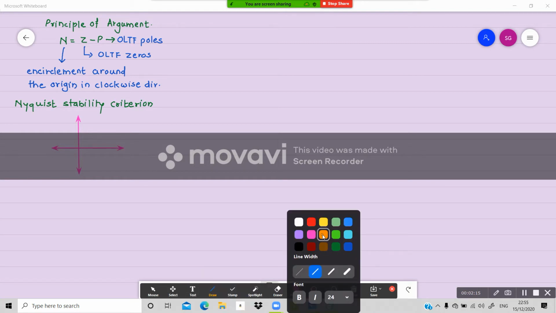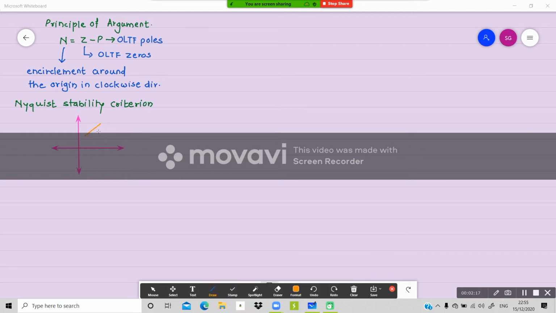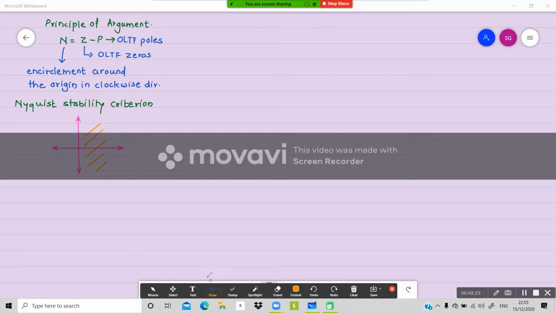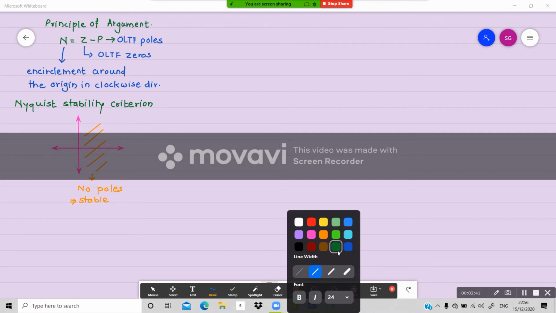I'll mark it. This is the area, and when we talk about the Nyquist stability criterion, it means no poles in this region. If there are no poles over here, then we say the system is stable. Stable, right?